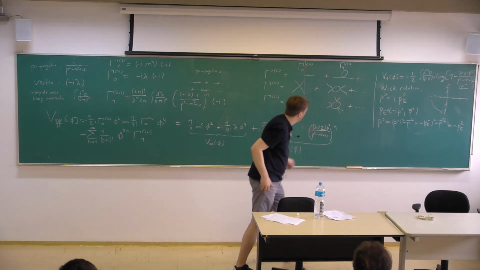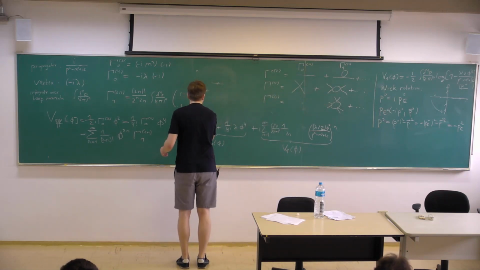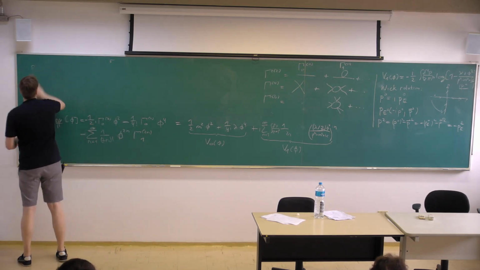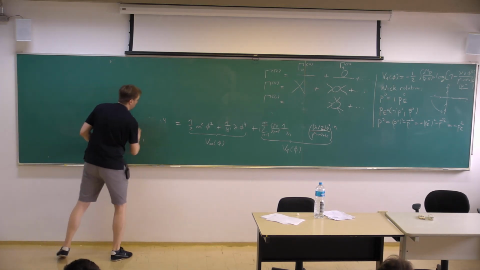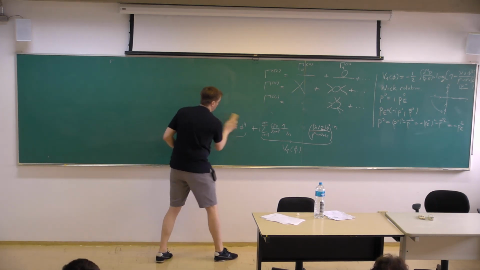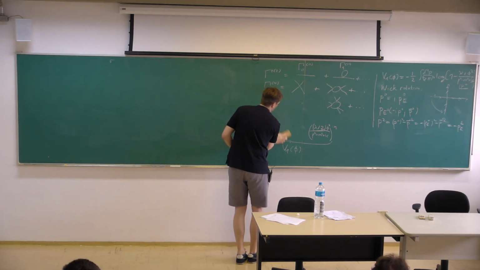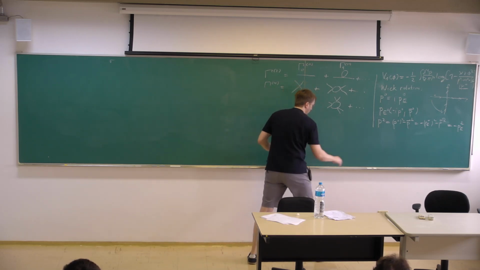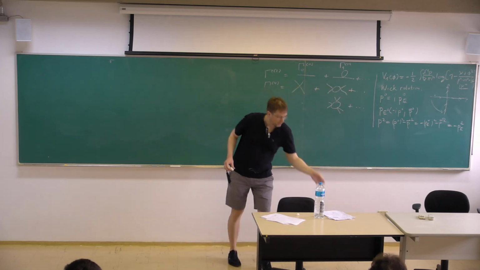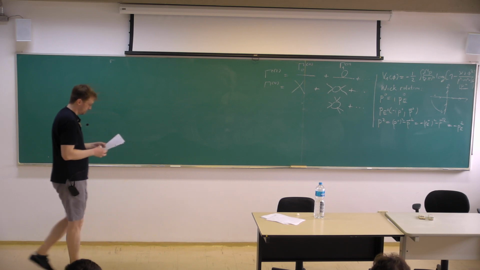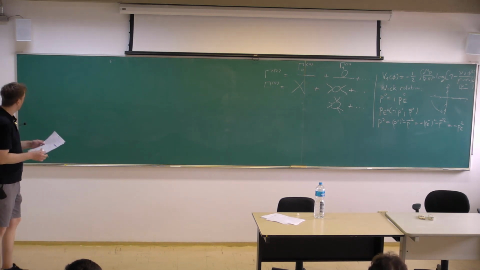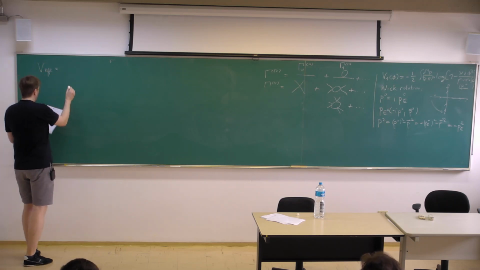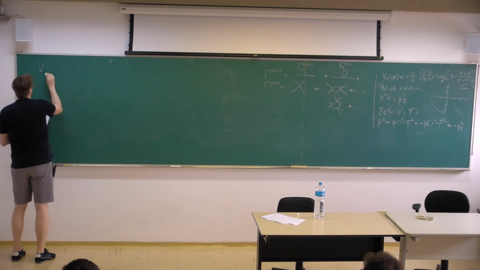So let me just make some space here. Okay, so we have to work through this loop integral. After performing a Wick rotation, what I get is phi1 of phi.